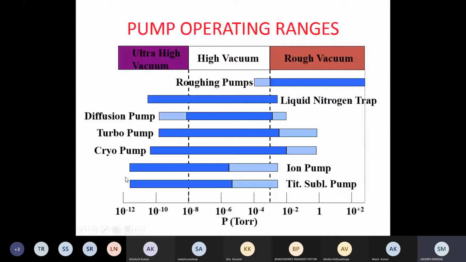This is very important. You should visualize what is happening in a chamber, the sequential steps, and where we can use the raw vacuum as well as the high vacuum pumps.